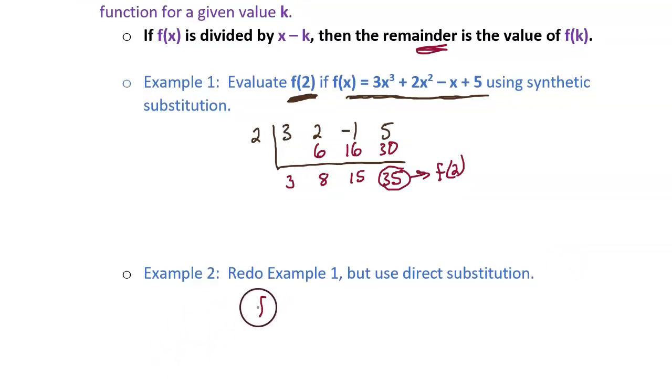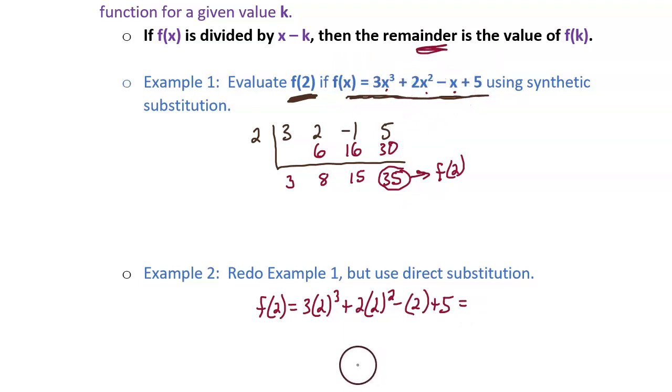So we want to find f of 2, and with direct substitution, that means you replace x with 2 in every spot that there's an x. I've taken this function from example 1, and for this x, for this x, and for this x, I've substituted in a 2 using the parentheses around it as you're used to doing.